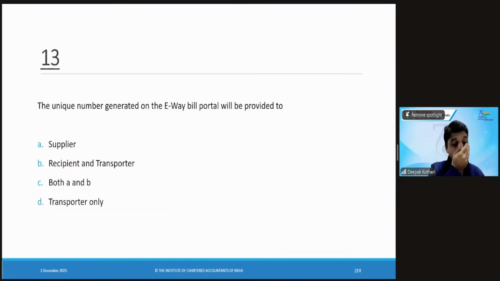Last question. The unique number generated on the e-way bill portal will be provided to whom?